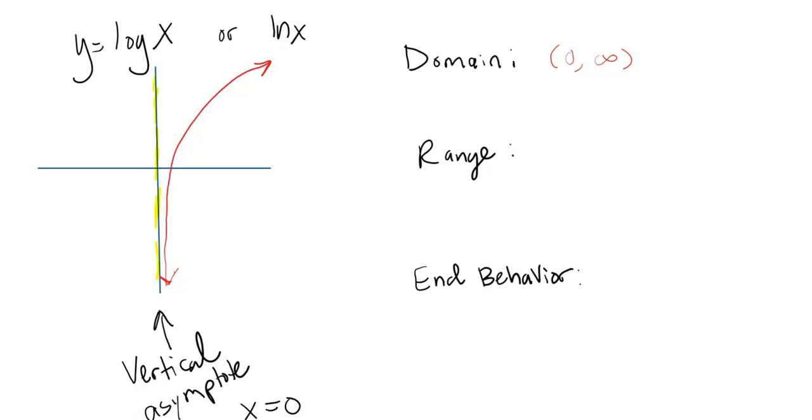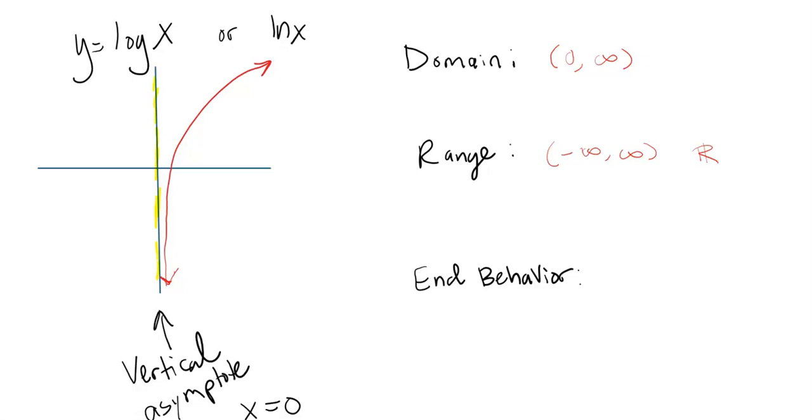If I want to start right after 0, I use the parentheses to show that. So I don't want to start at 1, because I want to include values like 0.001 and even smaller values. My range for a logarithmic function will always be all real numbers, so negative infinity to infinity, or we can use the symbol for all real numbers.